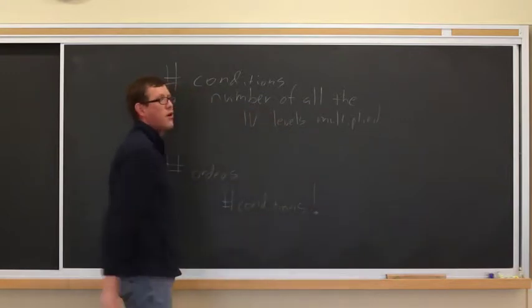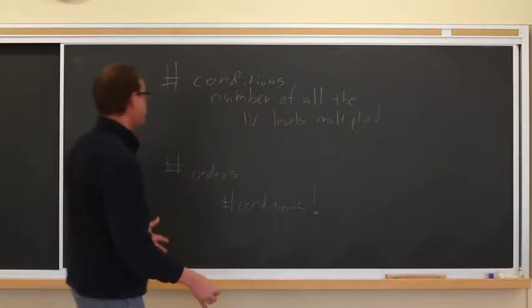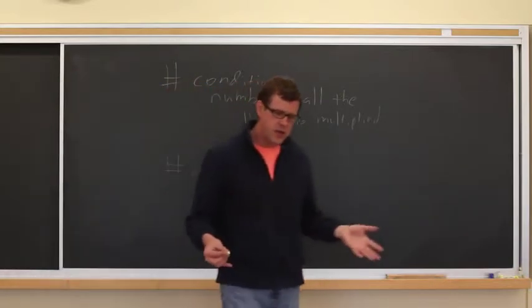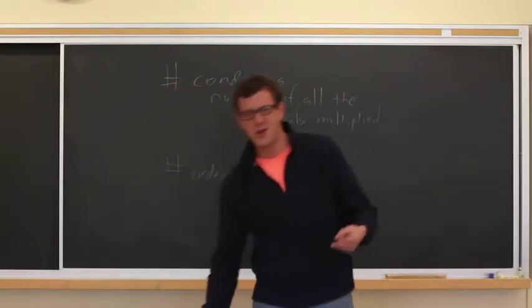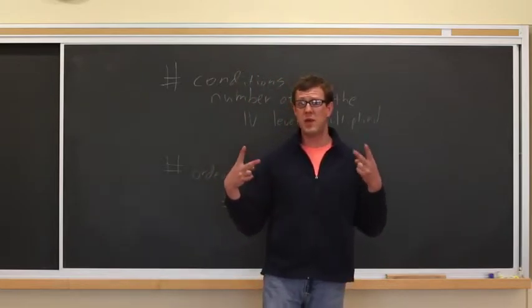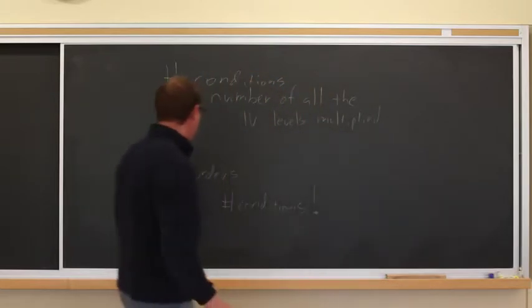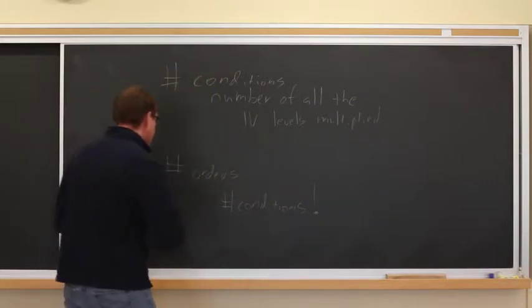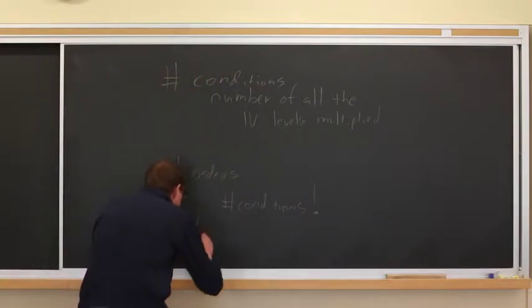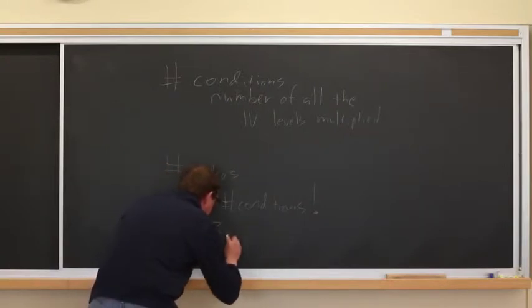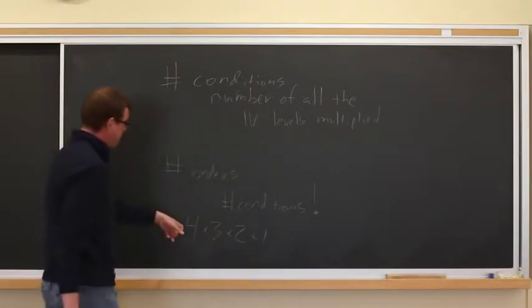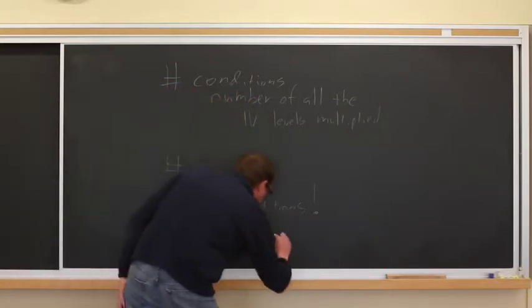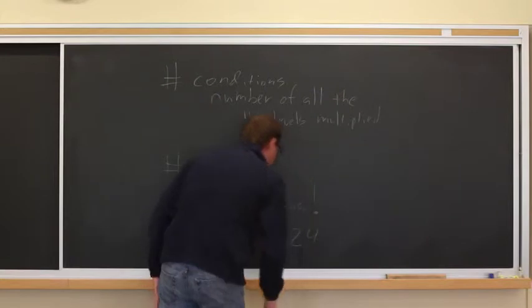So that's factorial and not an exclamation point. In the situation where we have 2 independent variables with 2 levels, we have 4 total conditions, and we are going to have 4 factorial orders. So 4 factorial means 4 times 3 times 2 times 1. So this is 4 times 3, that's 12, times 2, that's 24, times 1, that's still 24.